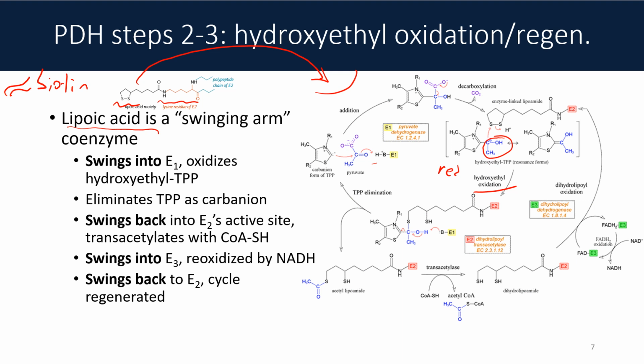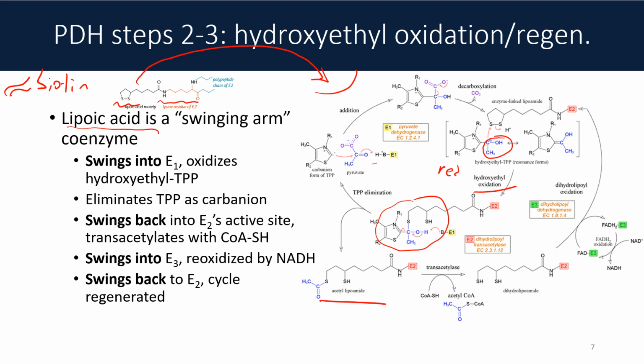Now we have a tetrahedral intermediate that we can then dismantle in the following manner. Immediately after that, a basic residue within the E1 site is going to deprotonate the alcohol of our attached hydroxyethyl intermediate, and that's going to rearrange the electrons to ultimately break the carbon-carbon bond between our intermediate and the coenzyme thiamine.